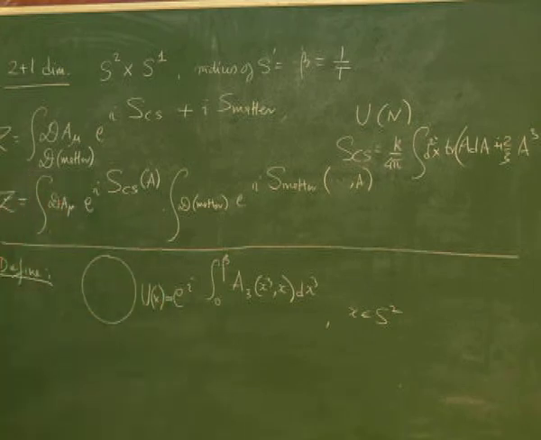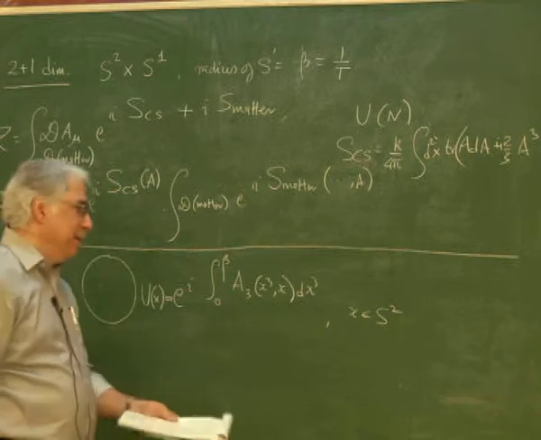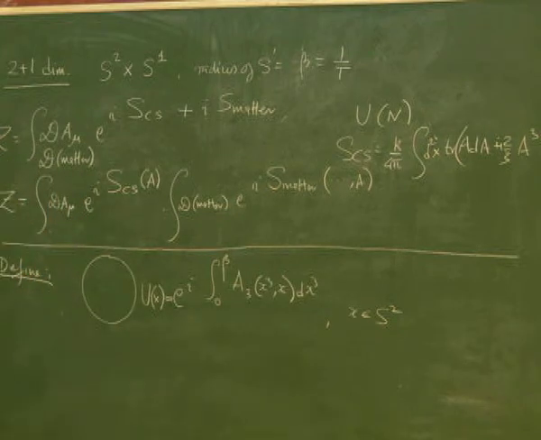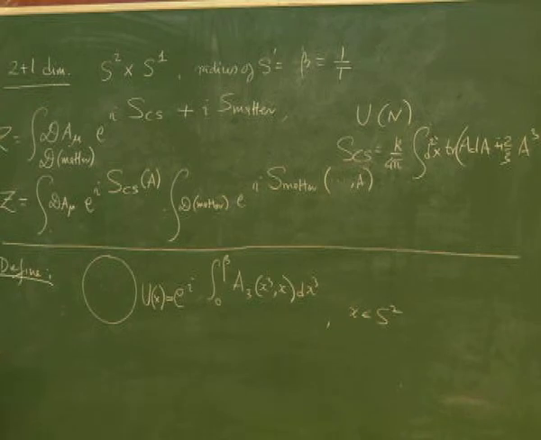This is an n by n unitary matrix, also called the Polyakov line, Wilson loop, whatever. One of the most subtle questions that arises in trying to calculate this integral is the problem of gauge fixing, which I will be discussing with you.